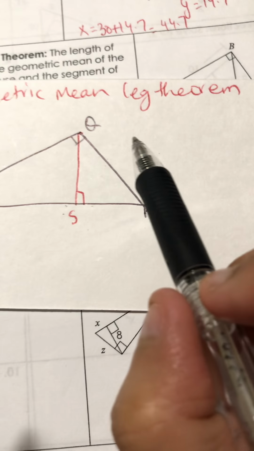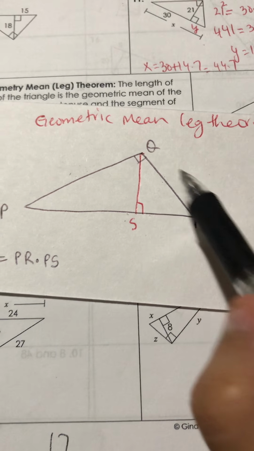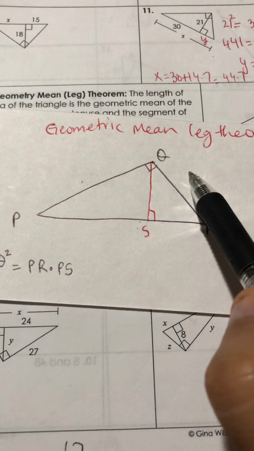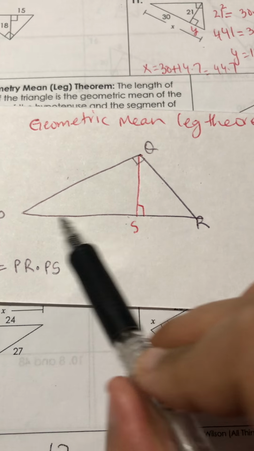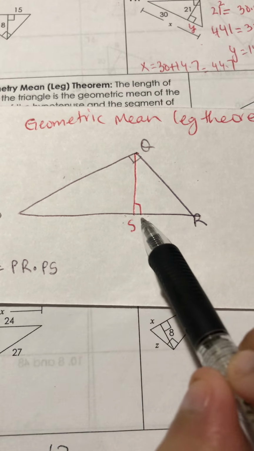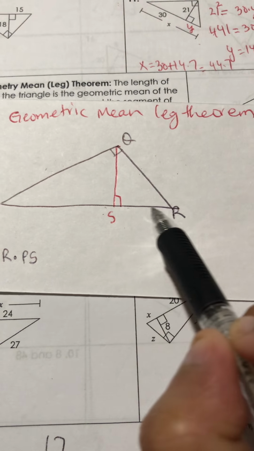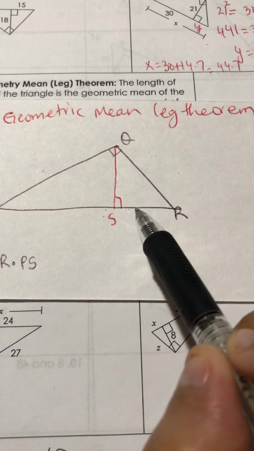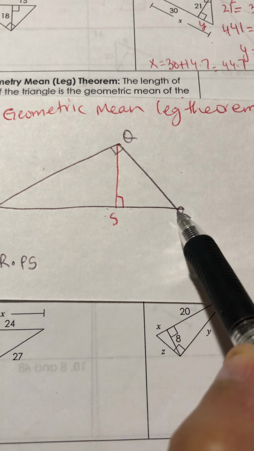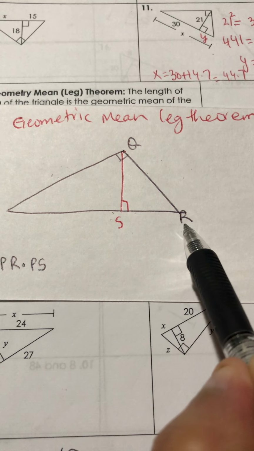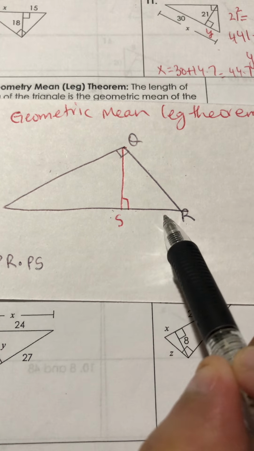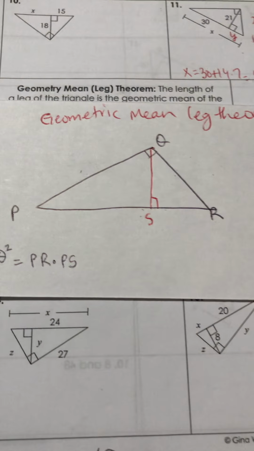And if we were to find QR, this leg would be the geometric mean of the hypotenuse, which is PR, and the segment of the hypotenuse adjacent to that leg. First the whole hypotenuse times the segment of the hypotenuse which is adjacent to that leg.